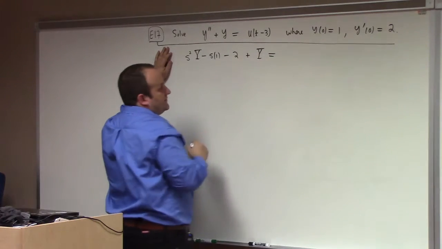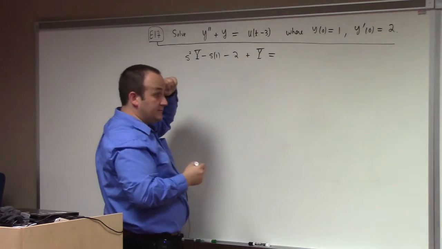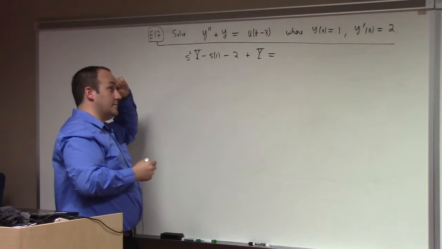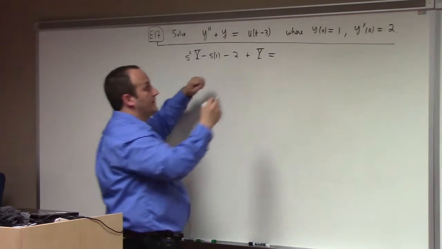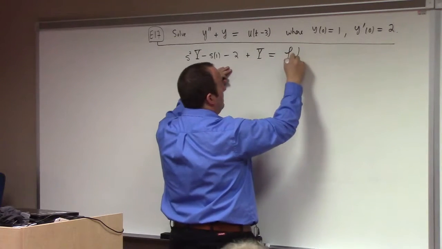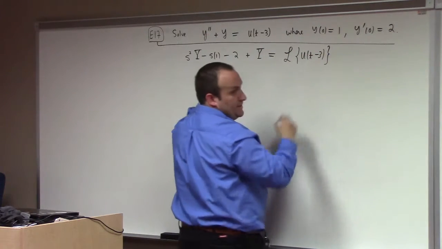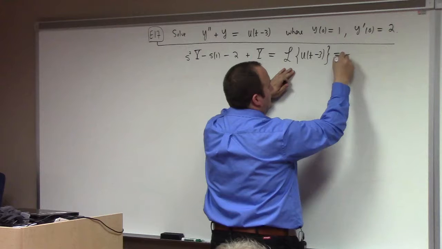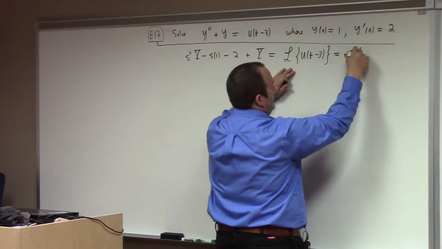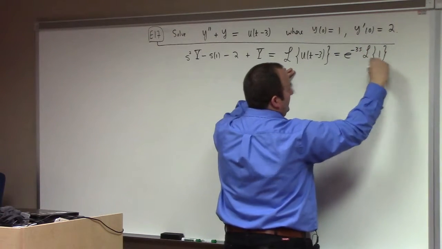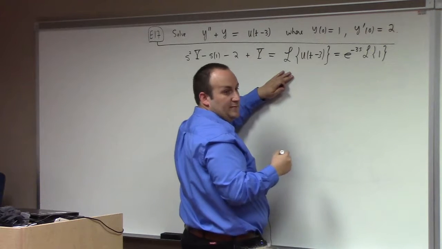What's the Laplace transform of the unit step function? So this should be what? E to the minus 3s times the Laplace transform of 1, right? By the theorem, which is what?